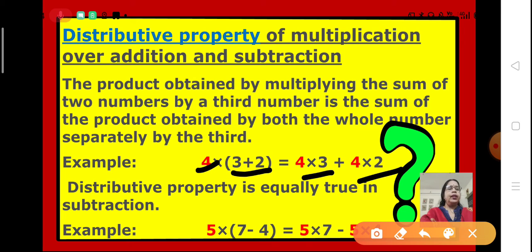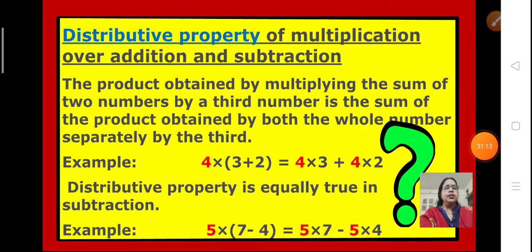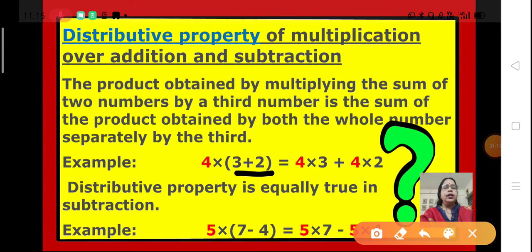So this means if we add two whole numbers and multiply another number with this sum, it will be the same as multiplying each of the whole numbers with the third number.